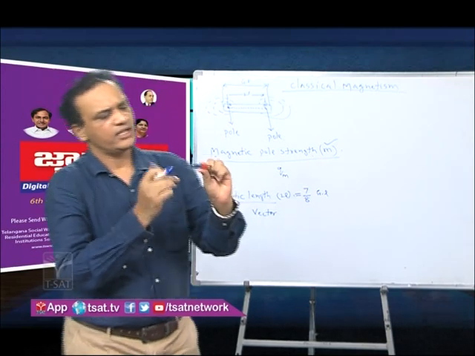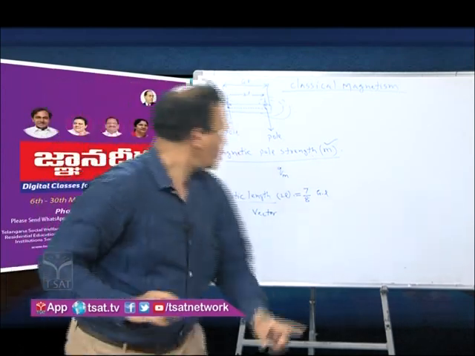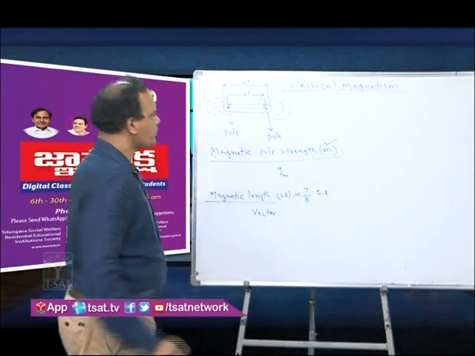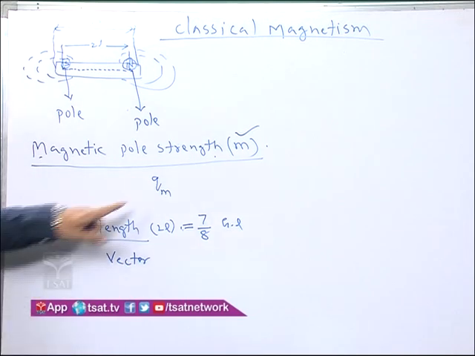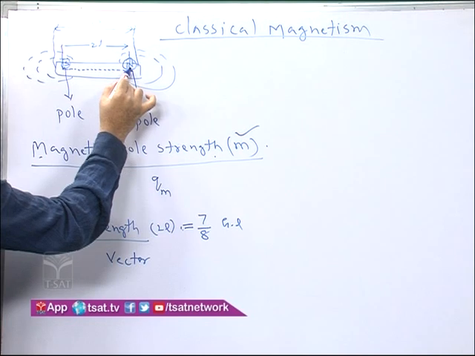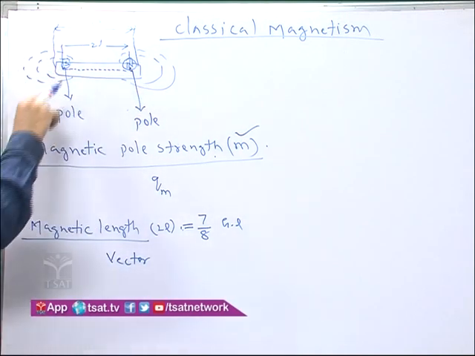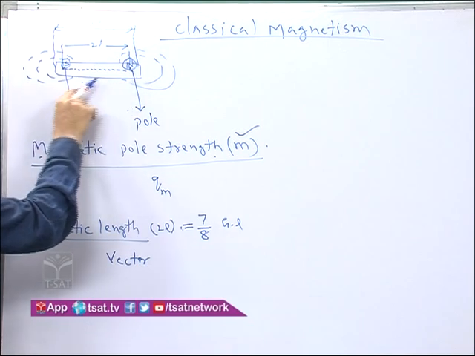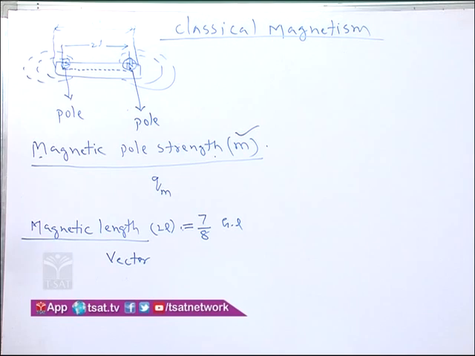So a bar magnet has two poles, a south pole and a north pole. In terms of charge, positive magnetic charge and negative magnetic charge. The shortest distance between the south and north poles is called magnetic length. It is a vector quantity.